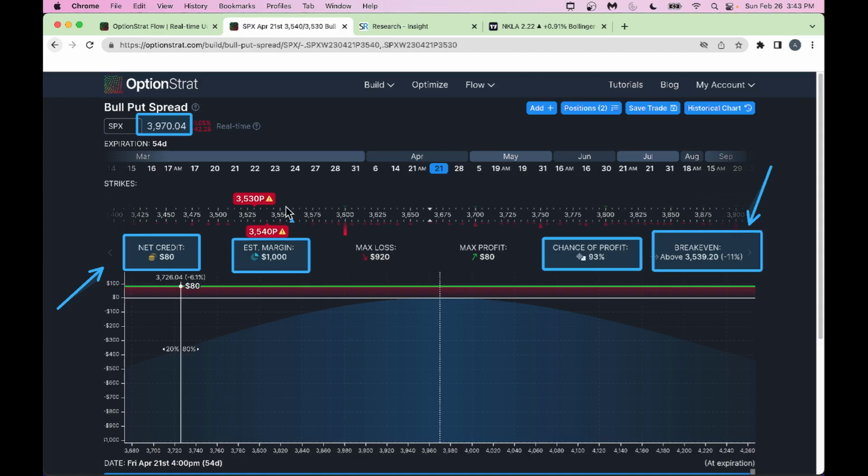The moment you add your call spread above the current stock price as the market goes higher, you don't incur a single additional buying power reduction. The same buying power reduction that you already incurred when you sold this put spread will suffice. You don't need to incur additional buying power reduction when you tag on a call spread at the top.